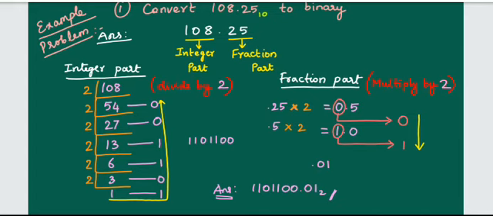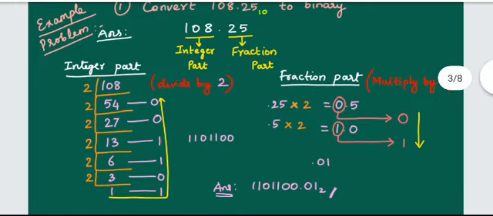All these remainder values you have to write from bottom to top. So the value we got is 1101100. The integer part is over.